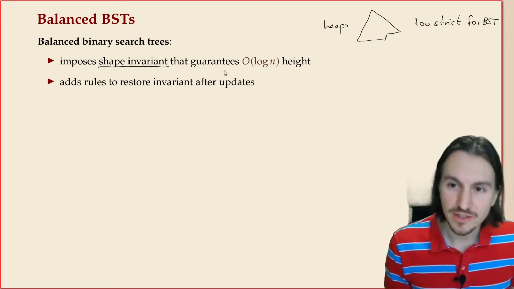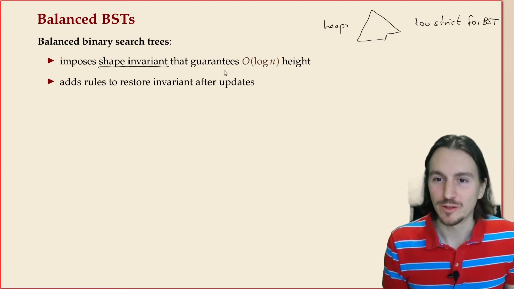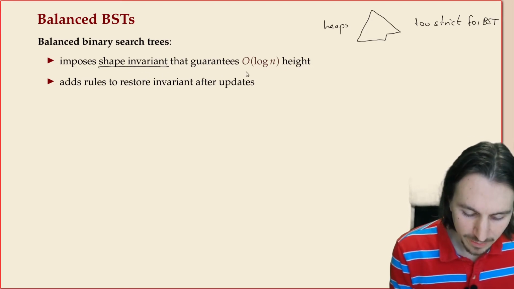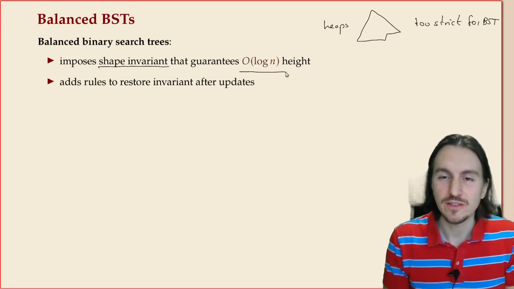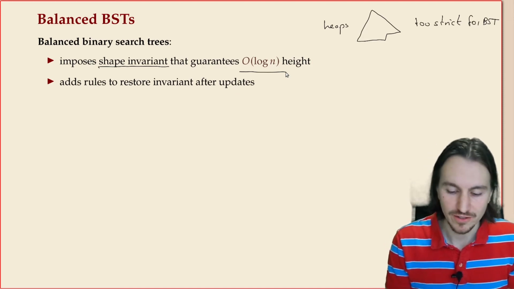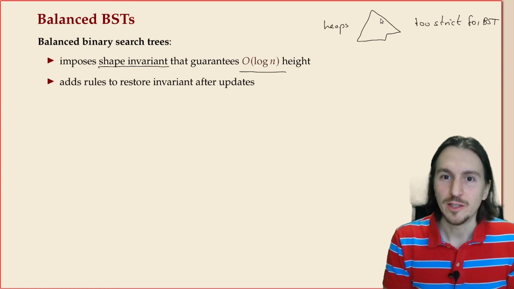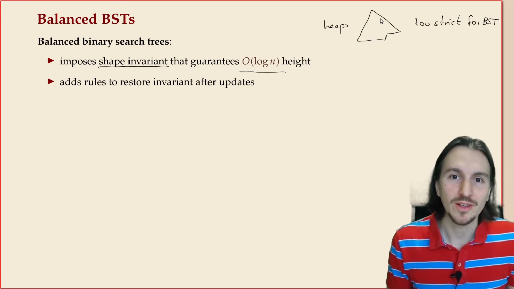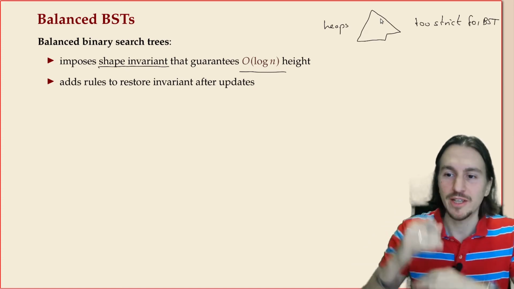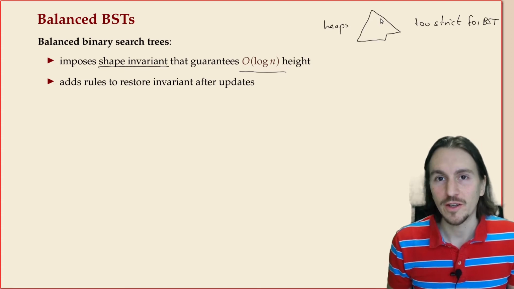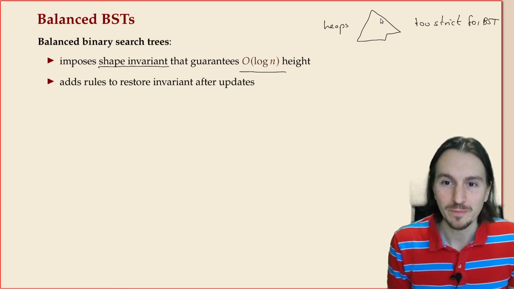But you can get something that is slightly similar to this: shape invariants that are slightly weaker, but still guarantee that the height is logarithmic in the number of keys. And that's the best you can hope for, as the heaps demonstrated. The heap shape, the complete binary tree, is a binary tree of minimal height for that number of keys, so you cannot possibly hope to get better than this.